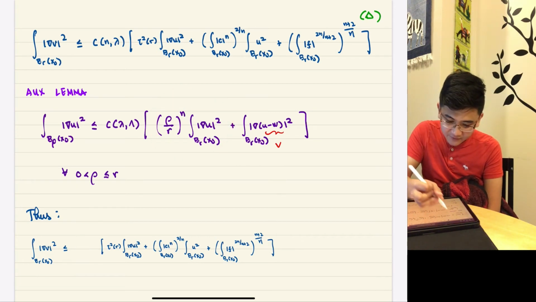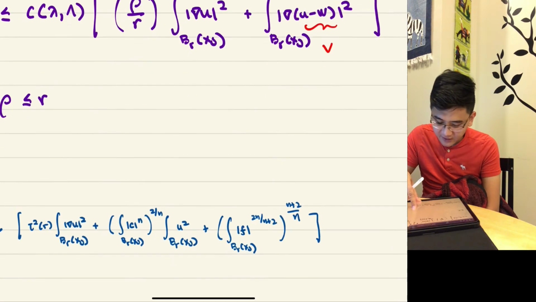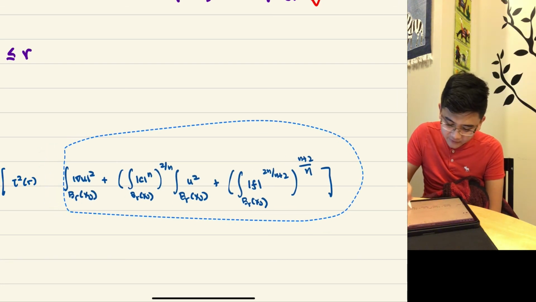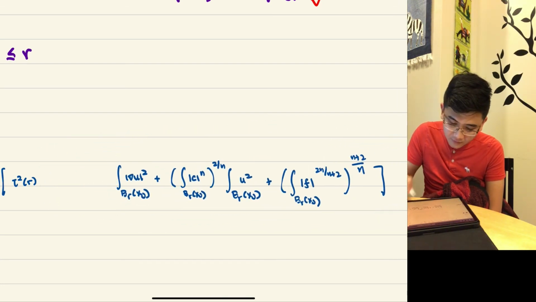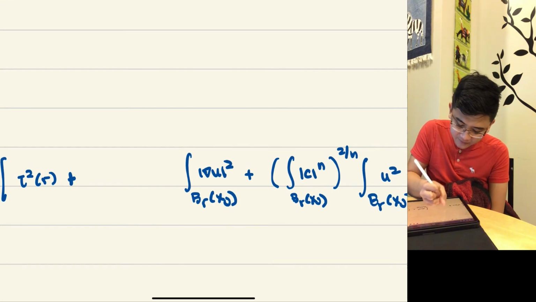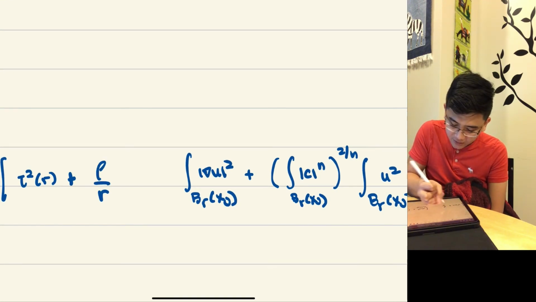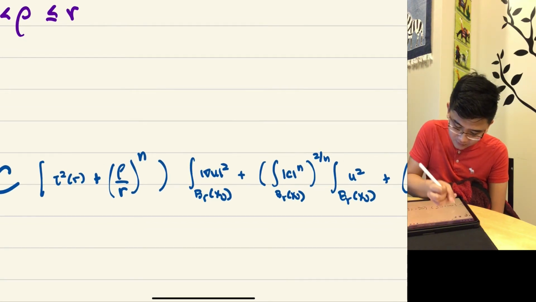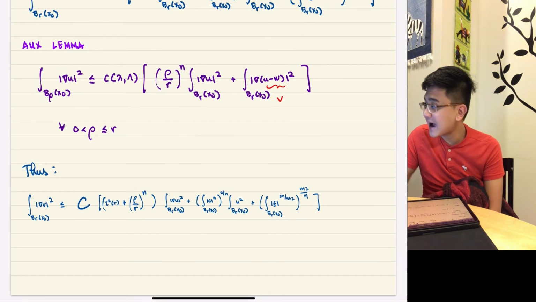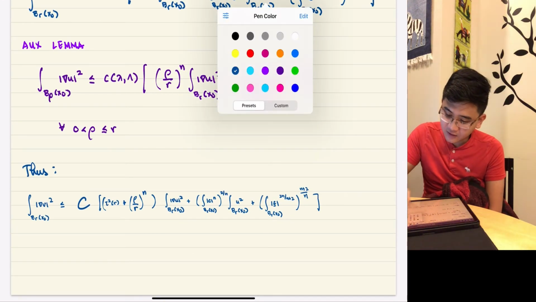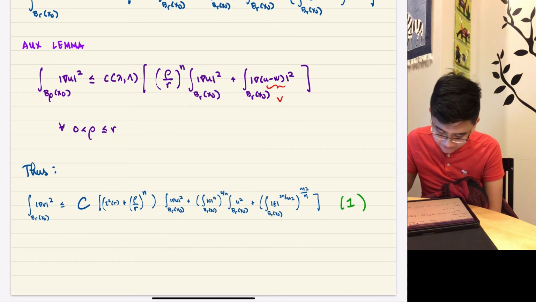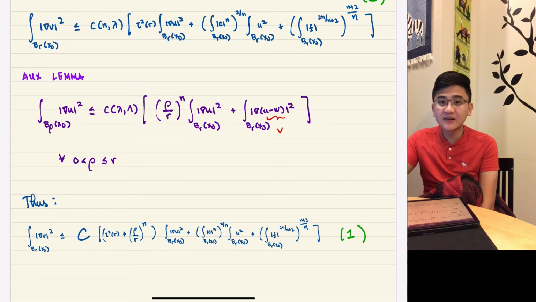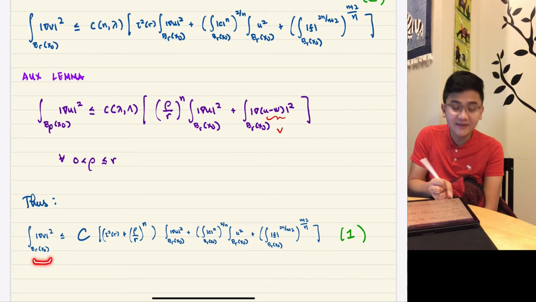So this is going to be a different constant, but just a constant, so call it C. Just going to shift things around. So I have plus rho over R to the n. Okay, so we have this one, and that I call equation 1. Okay, so we now have attained the second intermediate goal, which is to obtain a gradient estimate for grad U.